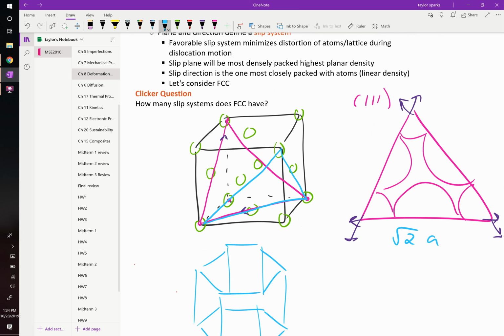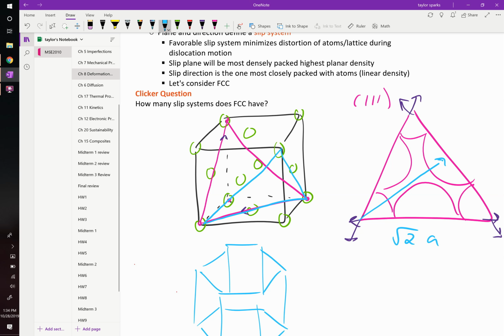There's no other direction in this plane that is more densely packed linearly. For example, let's say we do this. This is now some different length, no longer root 2a, and it intersects 1 atom, half here and half there. So it has a lower linear density.